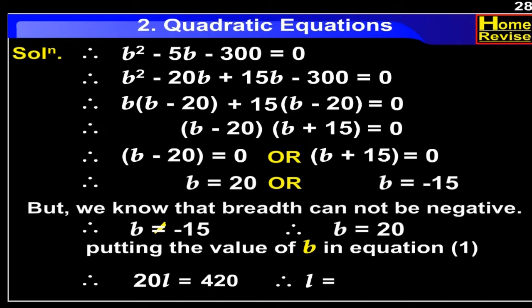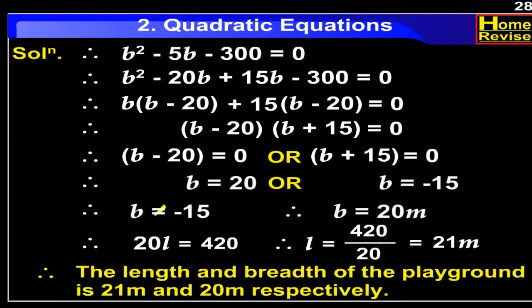Therefore, L is equal to 420 divided by 20, which is equal to 21 meters. Thus, the length and breadth of the playground is 21 meters and 20 meters respectively.